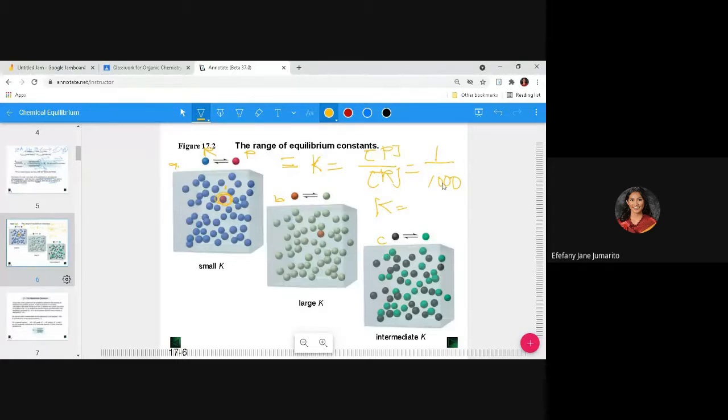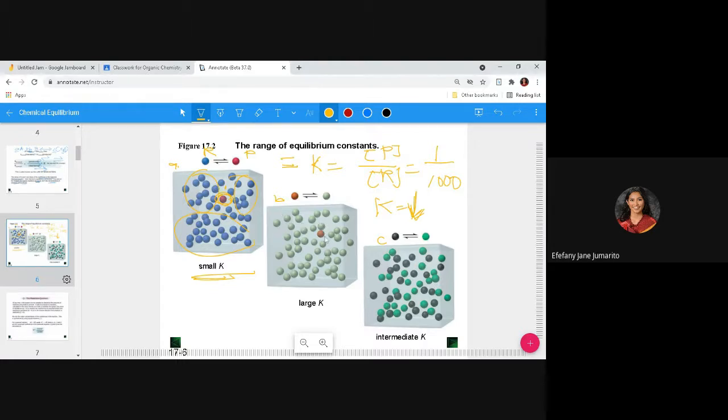Kung magkadaghan mo ang reactant, then you will have a very little K. Gamay kayo ang value sa K. And when K is very small, it means that it favors where? Reactant. It favors our reactant. You see this one? Daghan kayo atong reactant, because K is very small.